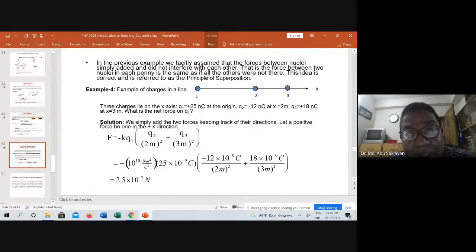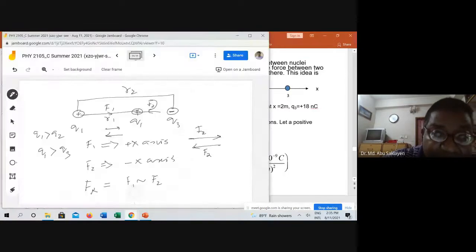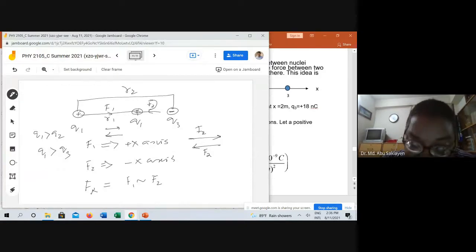Independently, you get two forces, F1 and F2, and find the resultant by considering the direction. If they are in the same direction, you sum them, and if their directions are opposite, you subtract them. This is known as superposition.